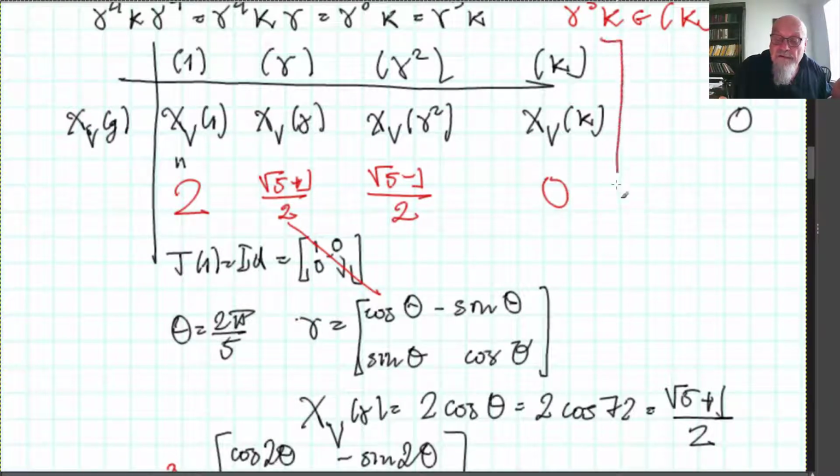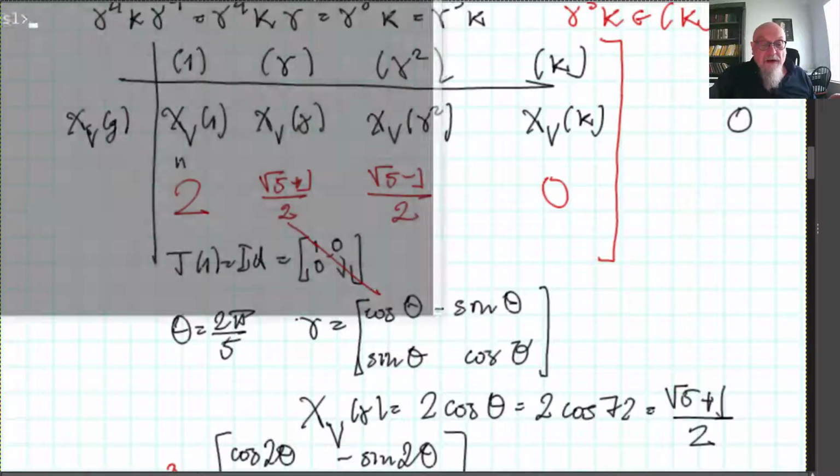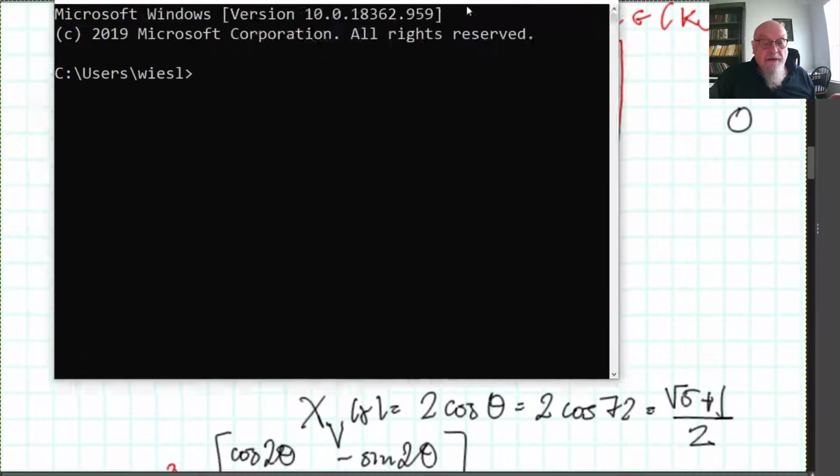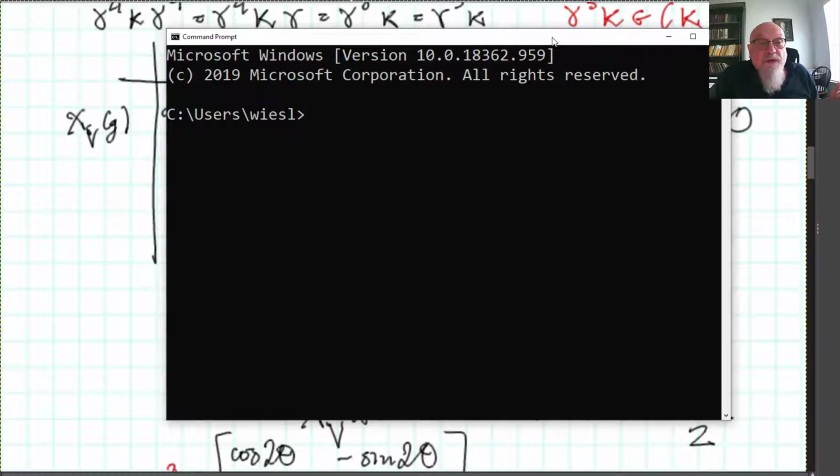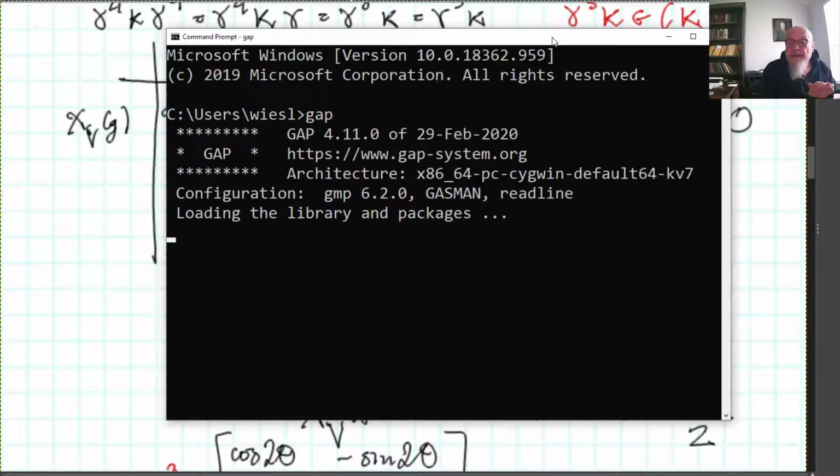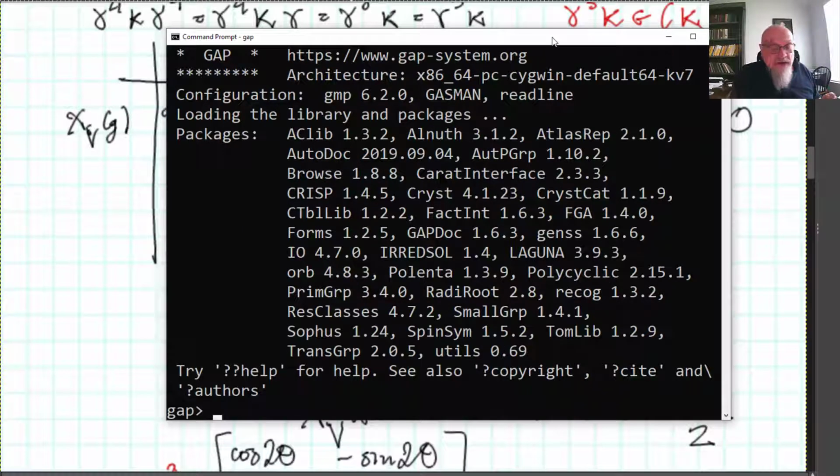Okay. I hope it is correct, but since I'm not trusting myself, I can always check, and why do we have computers? So let's check it. GAP. So we have GAP. I don't need any packages here.